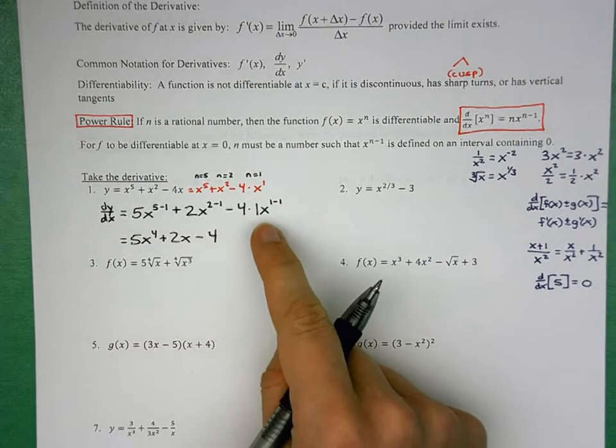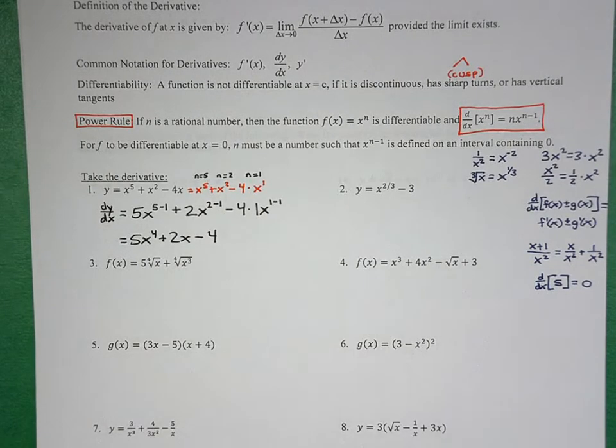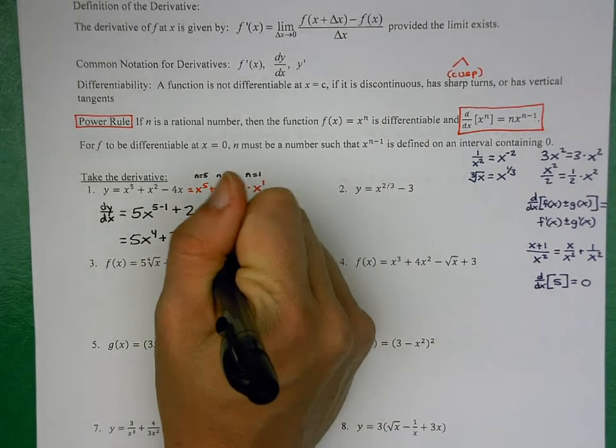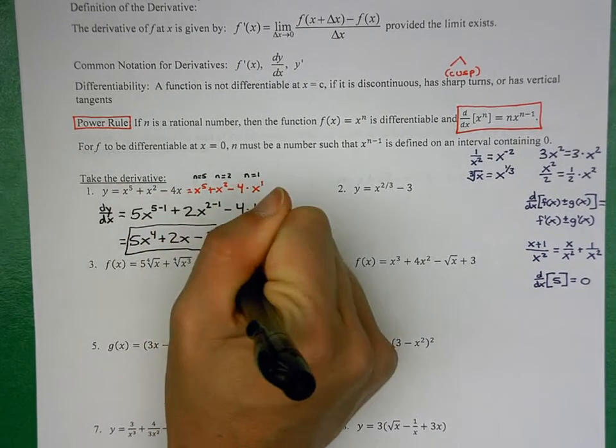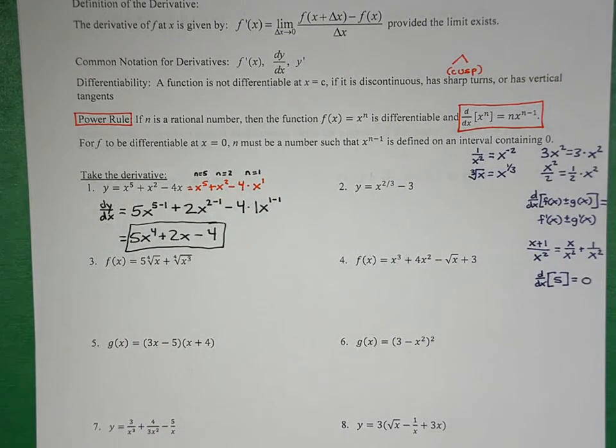And this is x to the 0, which x to the 0 is 1. Still 4 times 1, so we have minus 4 there. Okay, and if you didn't believe that this would work, you could walk through that long process that you learned in Objective 2 on this guy. And you would get 5x to the 4th plus 2x minus 4. Okay?